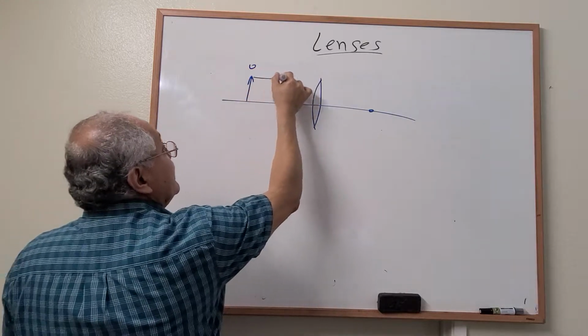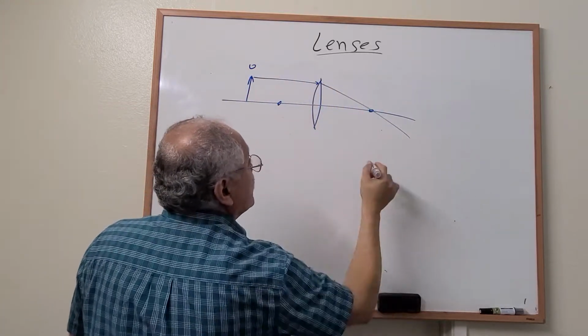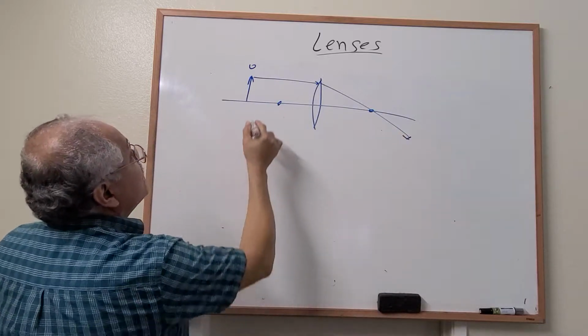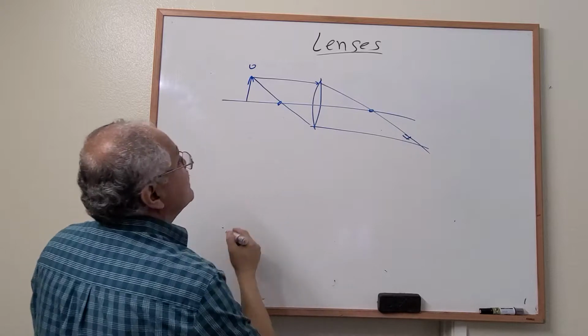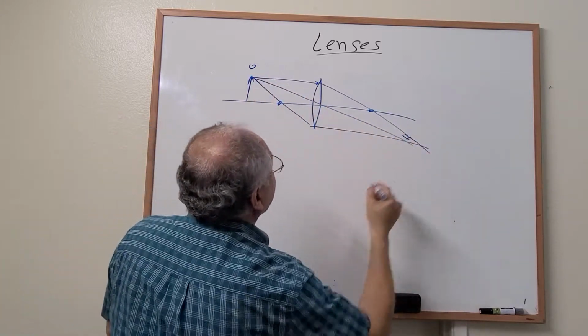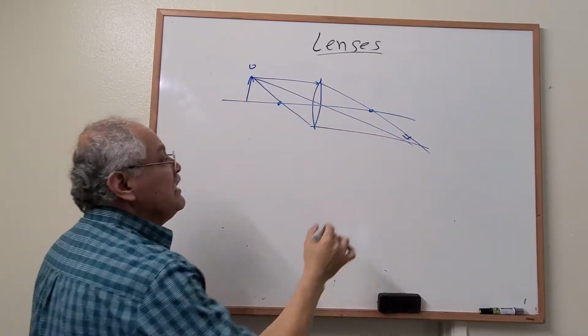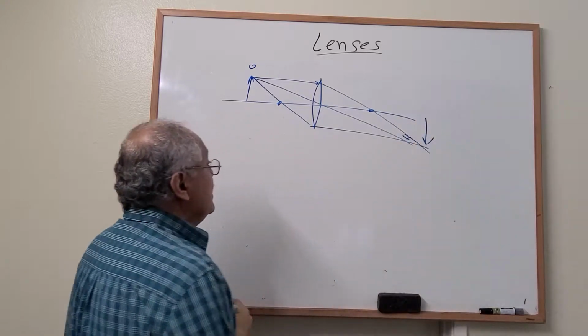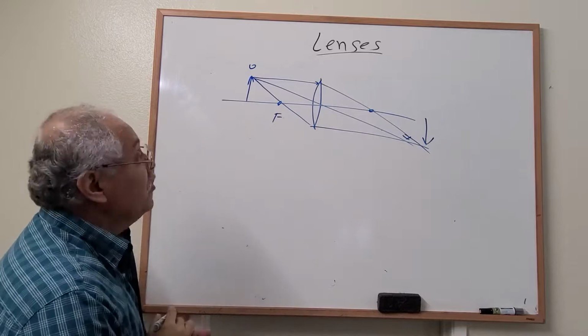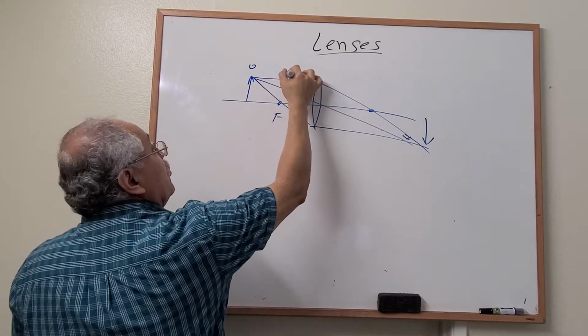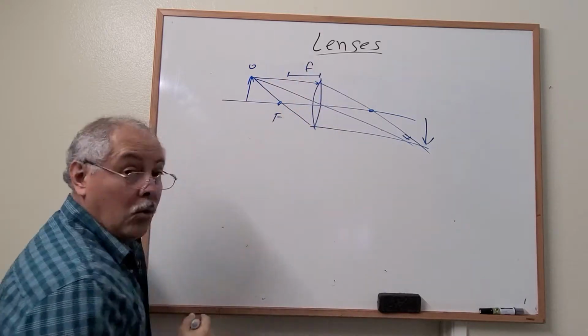Okay, let's do it. The parallel ray goes toward the focal point. The ray toward the center is not refracted. So what is the image? Well, the image is located right there. Now let's label these quantities. Right here we have the focal point. The distance from the focal point to the lens is called the focal length.